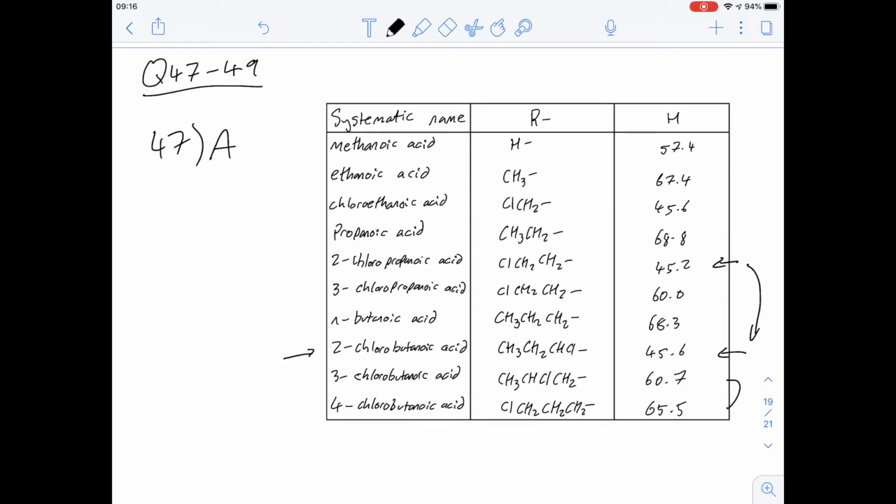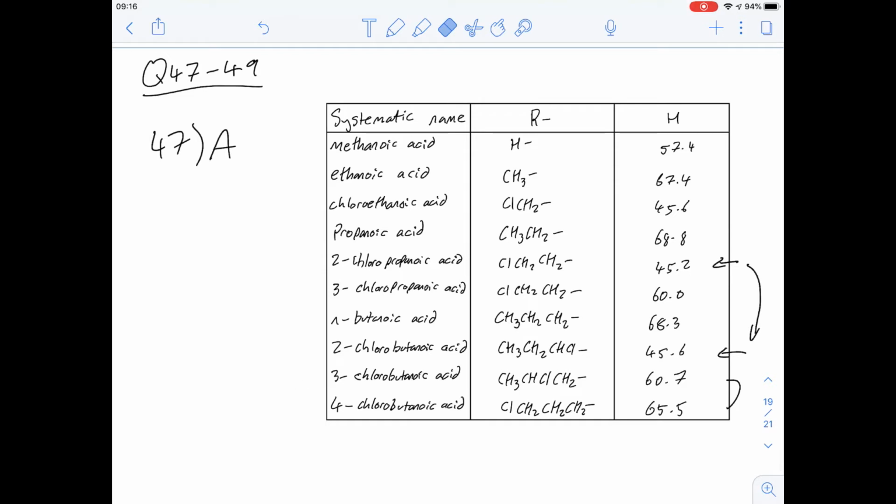48 says which of the following is most likely to have a value of H closest to 60.7. So we've already got one that has 60.7, and that's 3-chlorobutanoic acid here. Going through the options, 3-chloropentanoic acid actually seems fairly likely.